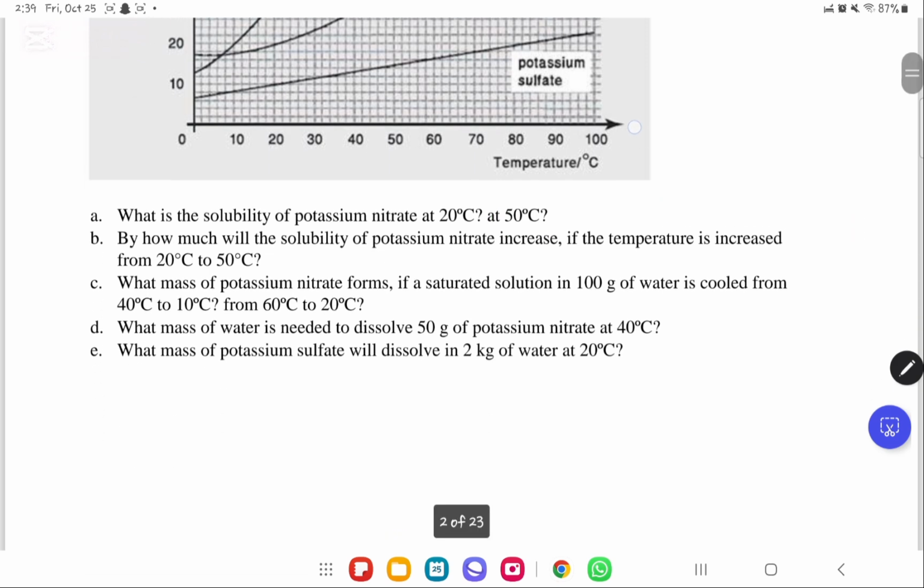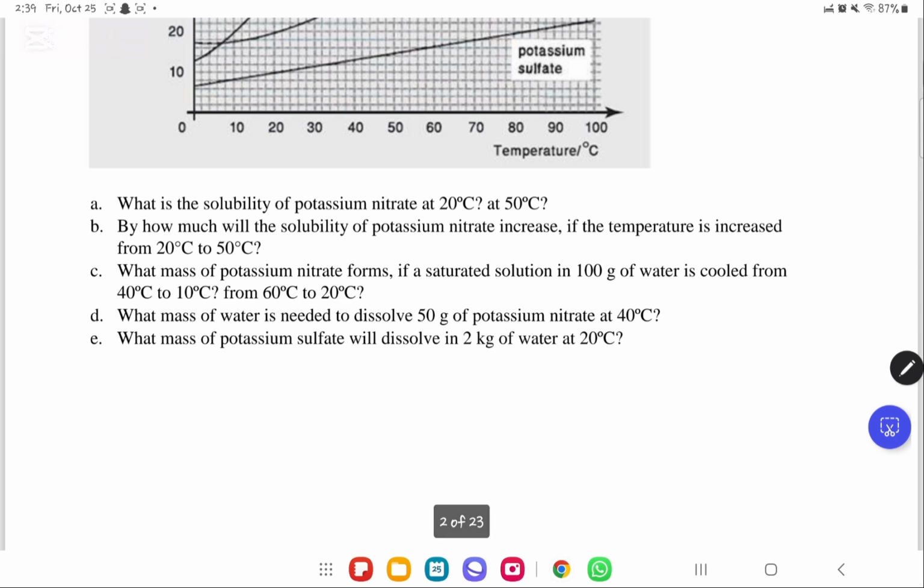Okay? Now part B. By how much will the solubility of potassium nitrate increase if the temperature is increased from 20 degrees Celsius to 50 degrees Celsius? Very simply, you take the final temperature, which is 50 degrees Celsius, you find its solubility, and you subtract from it the initial temperature solubility. So what's the final temperature solubility? We got it in the last one. This was 80 gram per 100 gram.